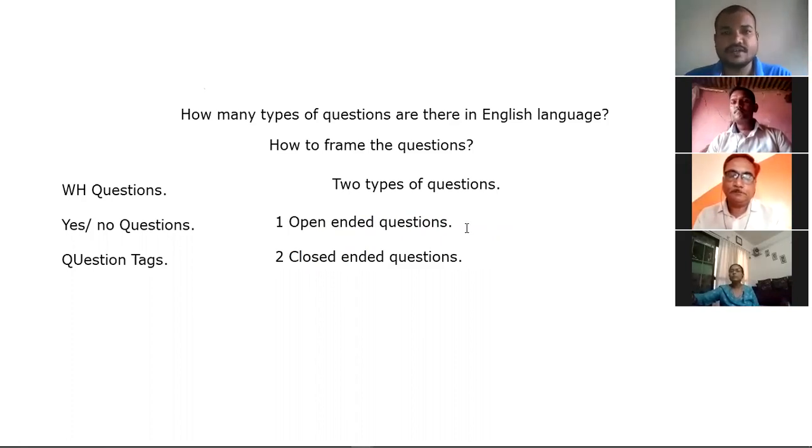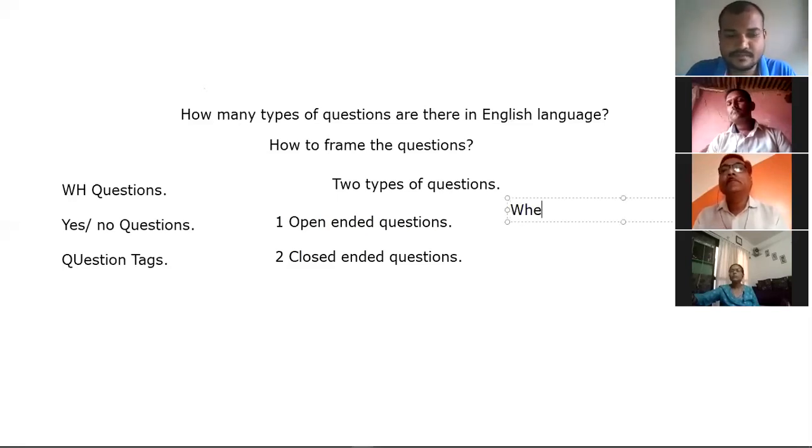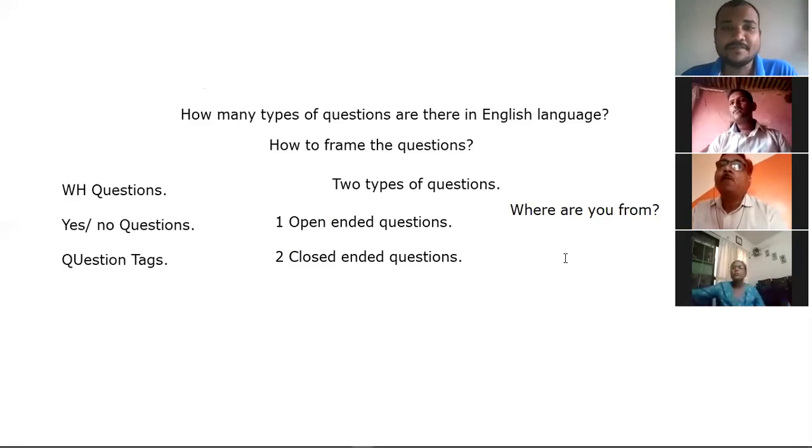Open-ended questions. For example, let me ask you a few questions, and then you will be able to understand. Ramesh ji, where are you from? I am from Maharashtra.